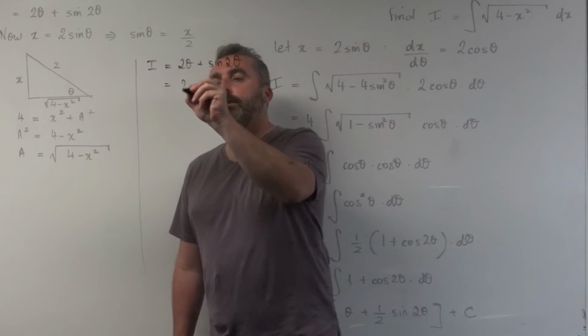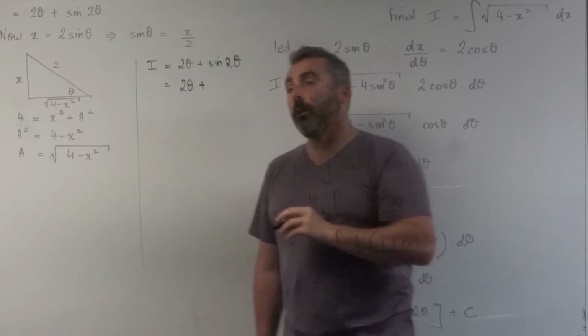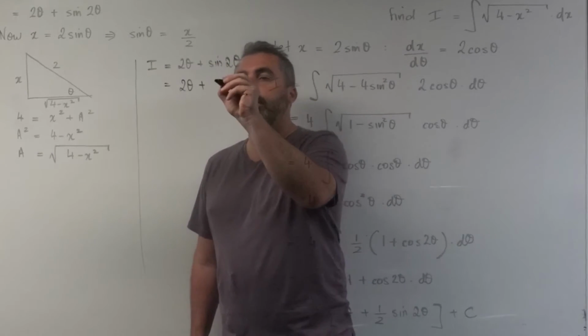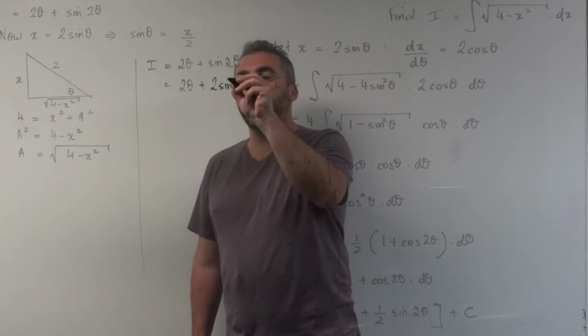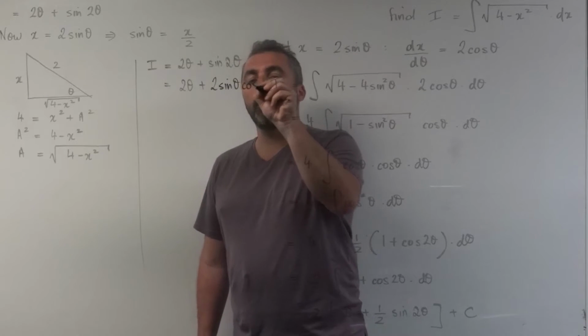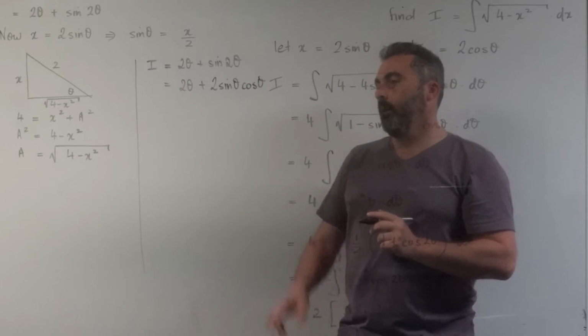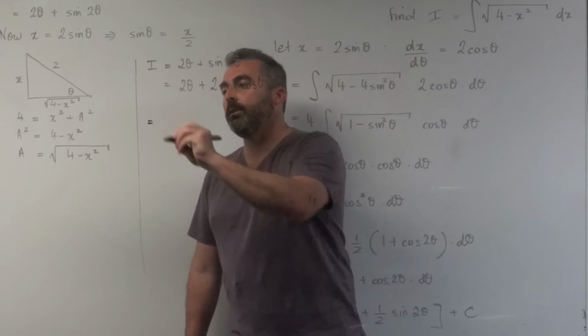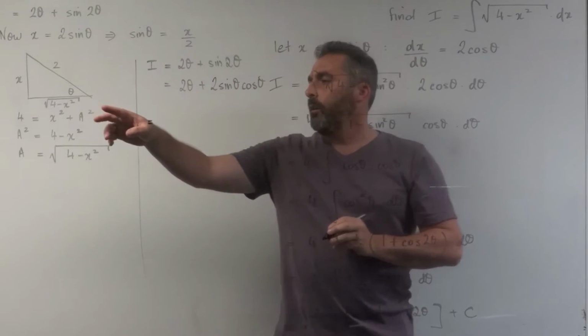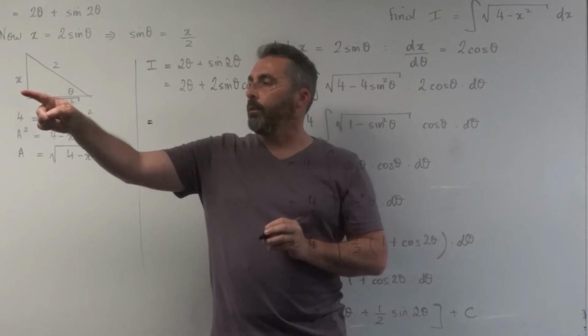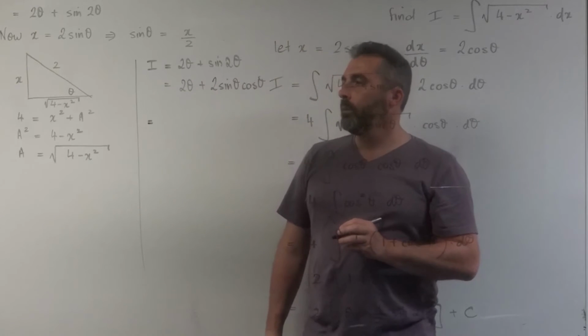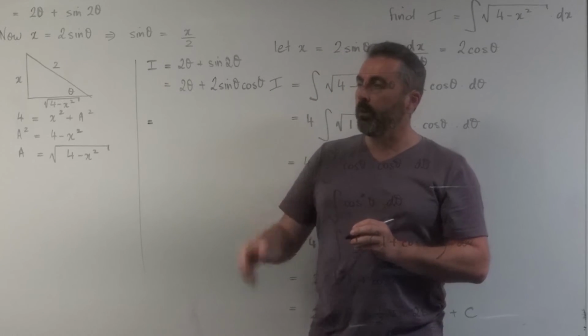Now, remember sine 2 theta can be written as 2 sine theta cos theta. And we're going to get sine theta and cos theta from our diagram. First of all, we know that sine theta is x on 2. So theta is inverse sine of x on 2.